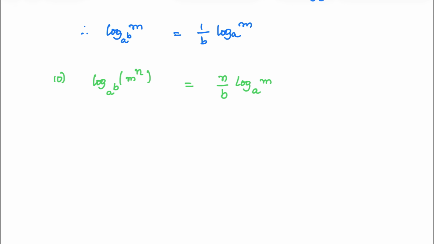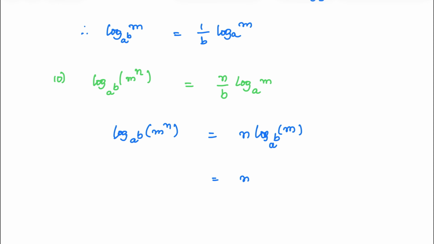Log m power of n base a power of b equals n by b log m base a. See, we can write this as log a power of b base m power of n equals n into log m base a power of b. We already know this formula.